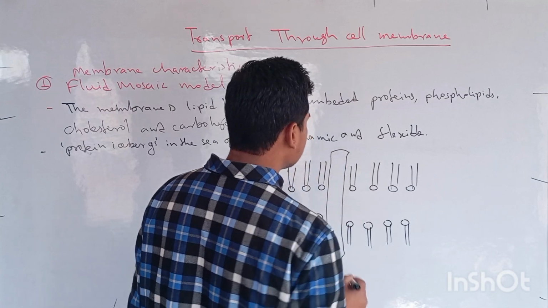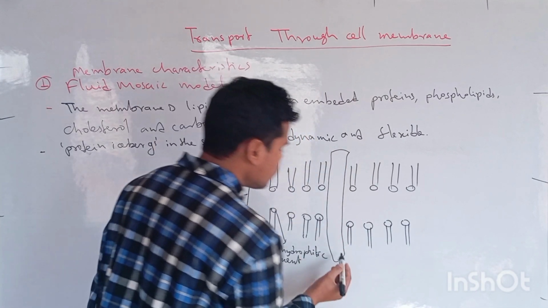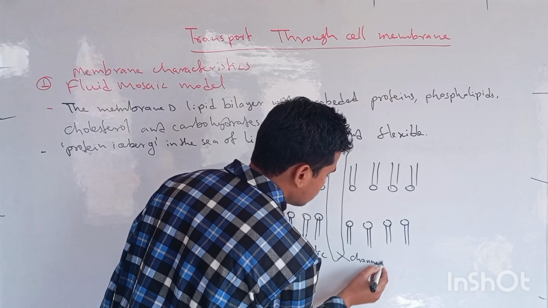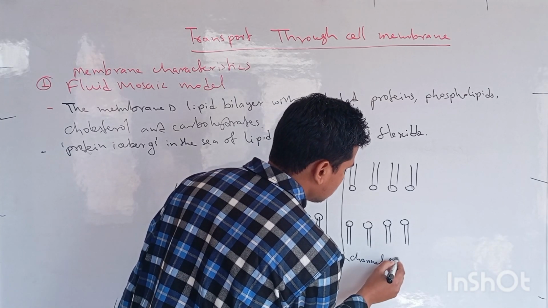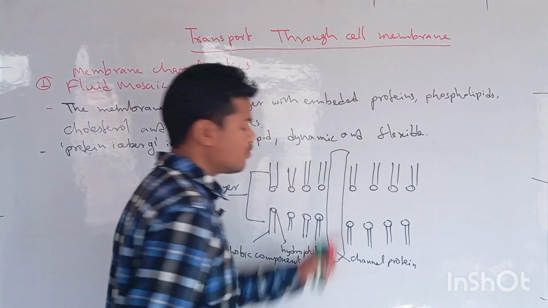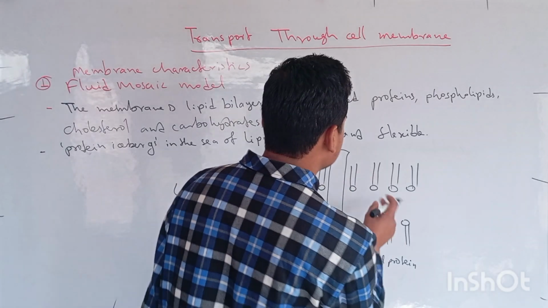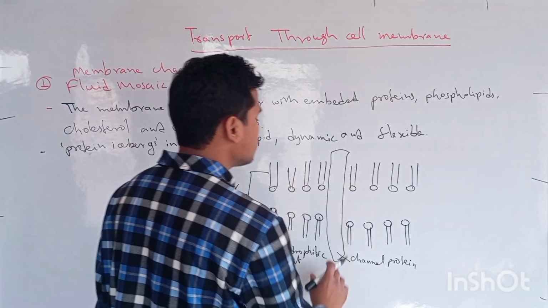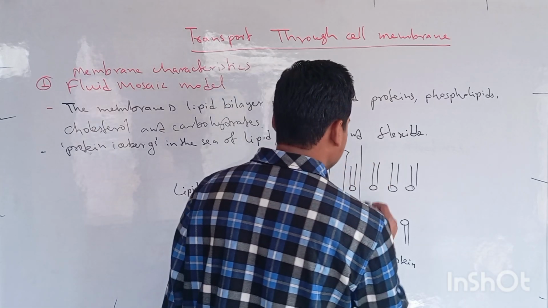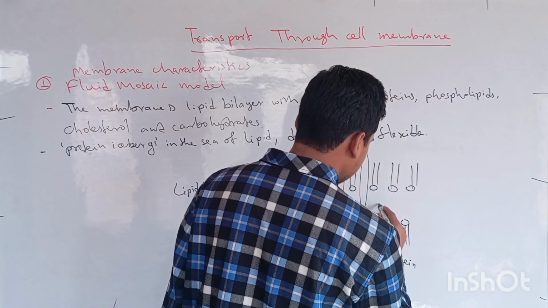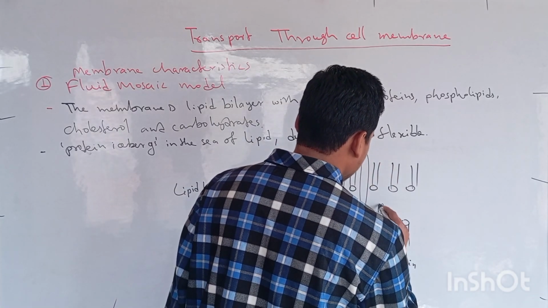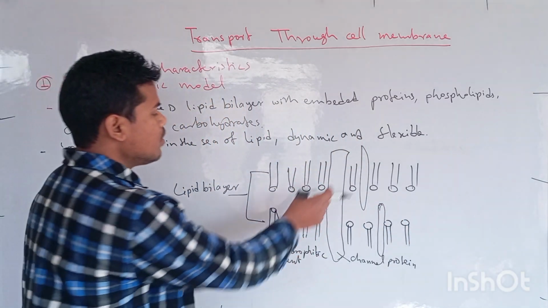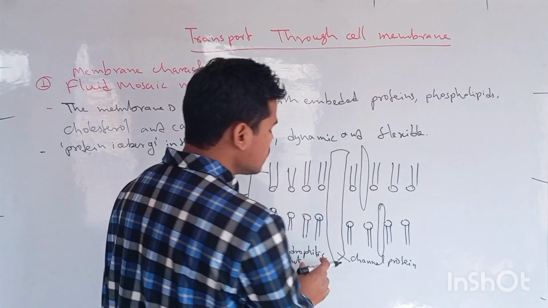Now in this bilayer the proteins will be embedded either as channel proteins. Let us suppose this is a protein channel, and this extension is throughout the membrane, passing through the membrane thickness.